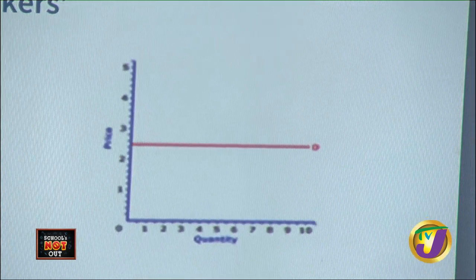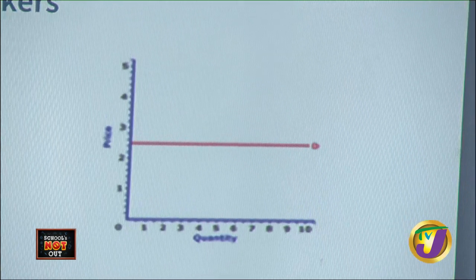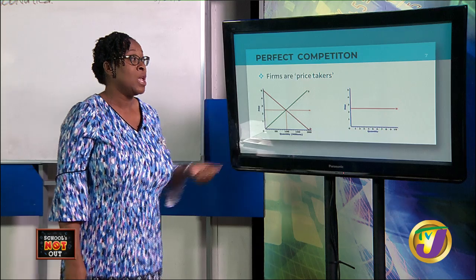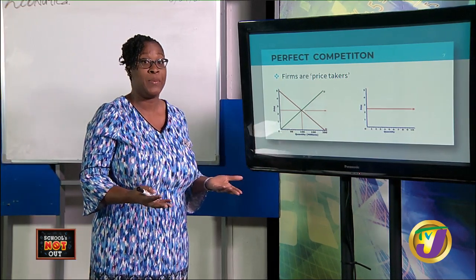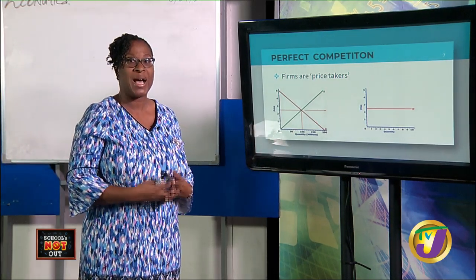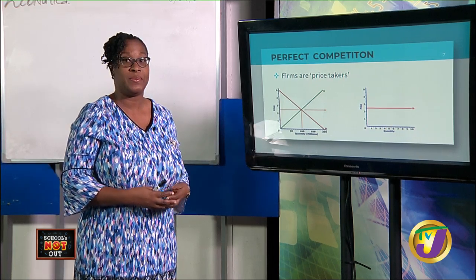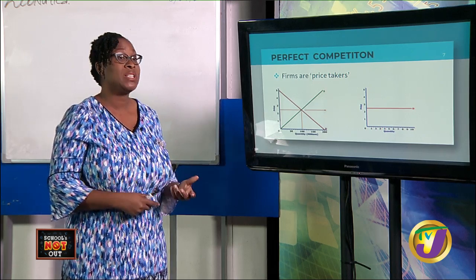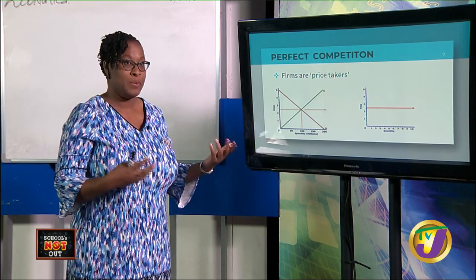It means that consumers are well aware of the price of the goods sold in this market. So, for example, I'll just use bag juice as an example. Everyone knows that bag juice is $30 or $20, whatever the price may be. And if you try to increase the price, no one will purchase that good.